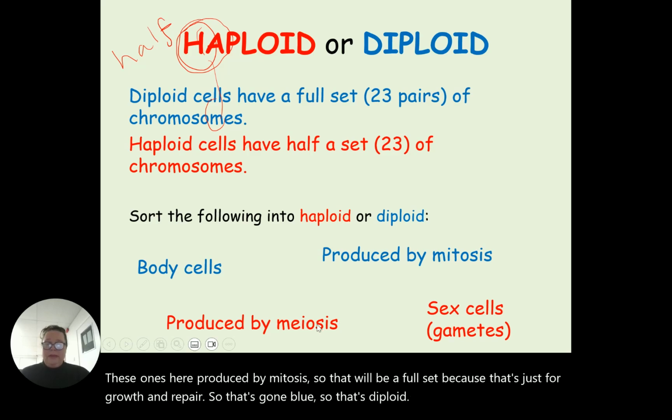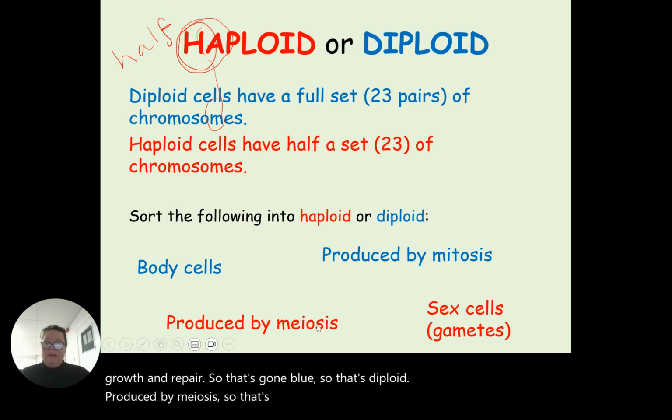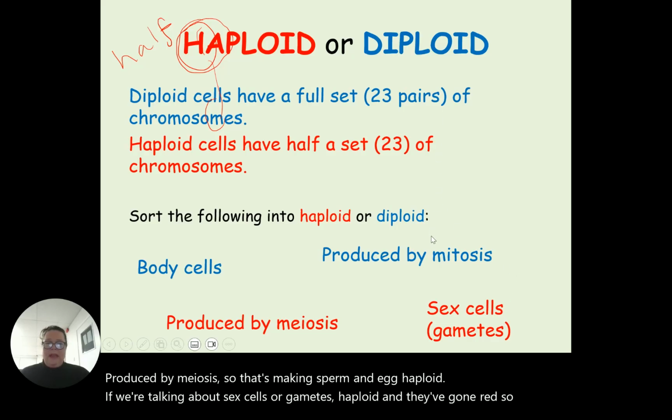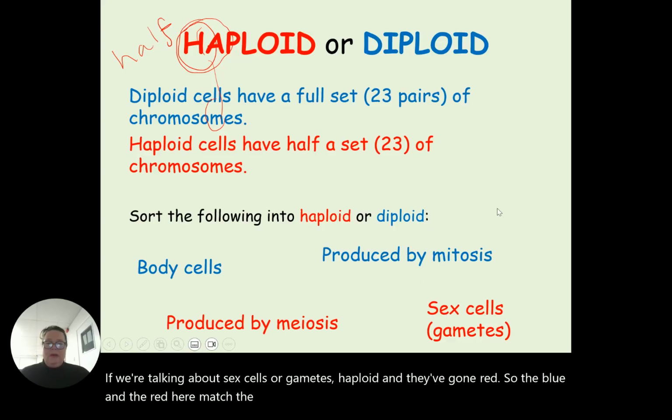Produced by meiosis, so that's making sperm and egg, haploid. And sex cells or gametes are haploid. The blue and the red here match the blue and the red here.